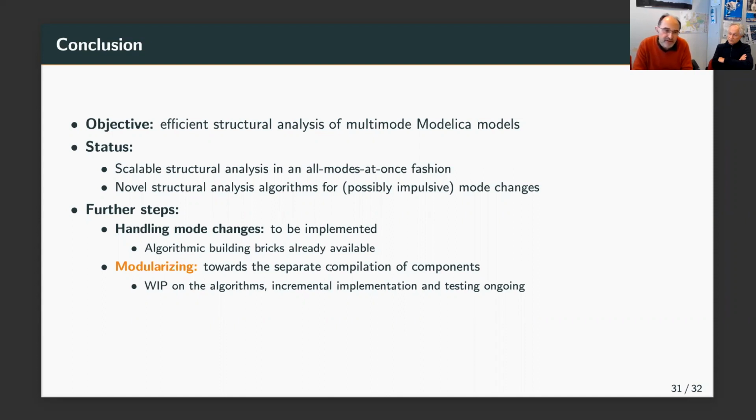And we believe that this will allow us to scale up from a few thousand equations to maybe 1 million equations, which is for us the objective.